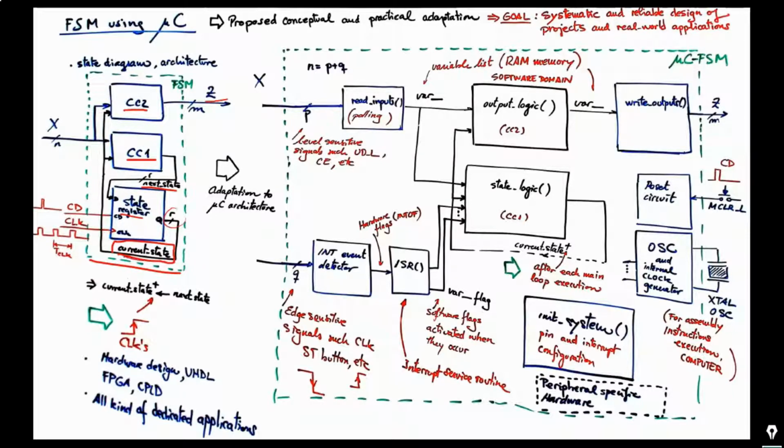And from this internal state, we determine the next state to go and the set of outputs. And that taking into account the input X that are going to modify and establish which is the next state to go and which are the set of outputs for every given state.